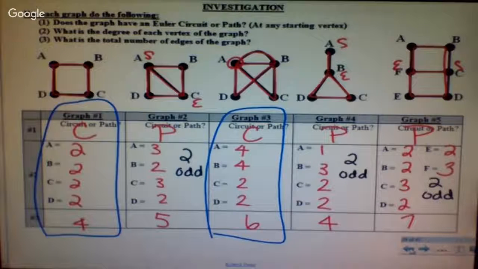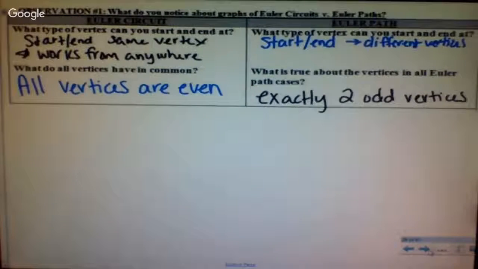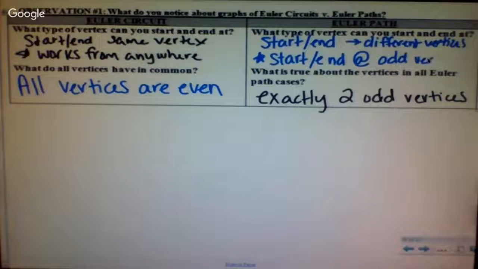So when you have a path, you must always start at one odd vertex and end at the other one. So that's also very important. We start and end at the odd vertices. You cannot draw a path if you start at the even one. It doesn't work.